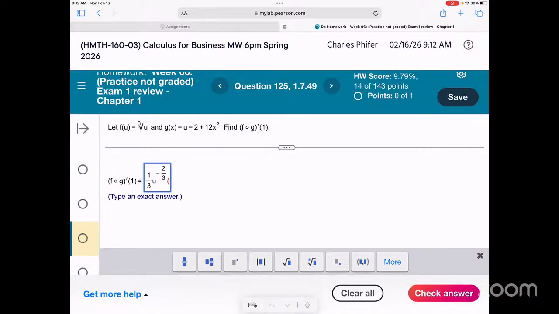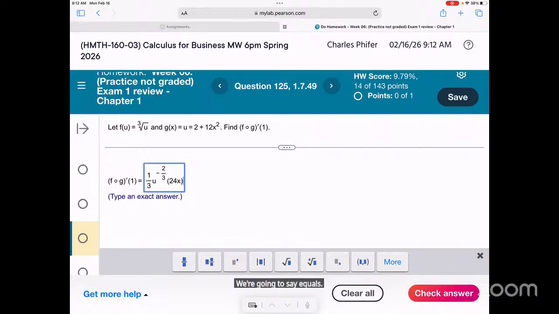So 1/3 u to the negative 2/3, and we want to evaluate this when x is 1.